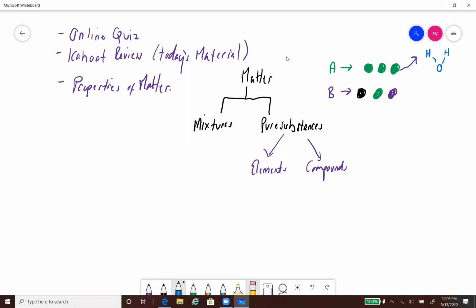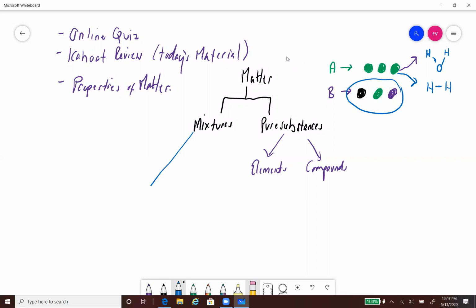We have hydrogen and oxygen, two different types of atoms, so that would be a compound. But if it's made up of only one type of atom, like H2, hydrogen is actually two hydrogen atoms stuck together, but it's only one type of atom, then that's an element. Whereas mixtures, we said, are made up of more than one type of particle, like this example here.